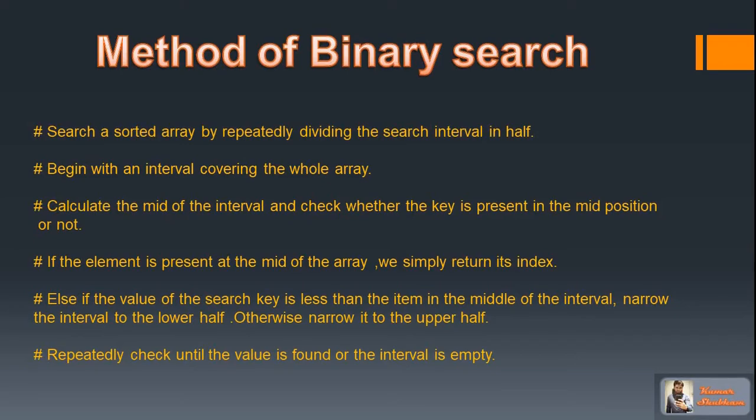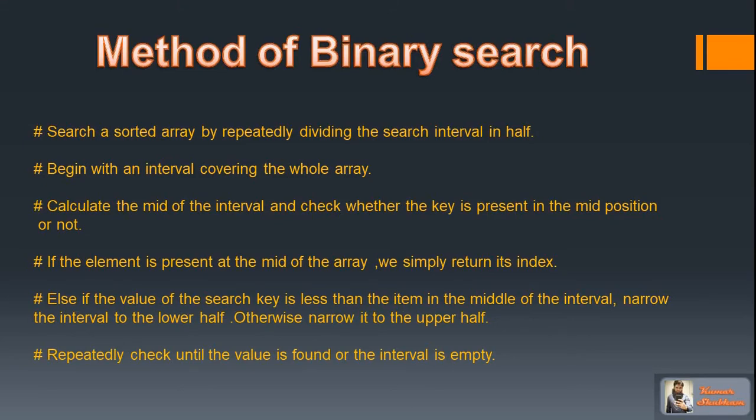In the binary search method, we search for an element in a sorted array by repeatedly dividing the search interval into its half. We begin with an interval covering the whole array. At first, we calculate the mid index and compare whether the element at the middle position of the interval is equal to the key or not.